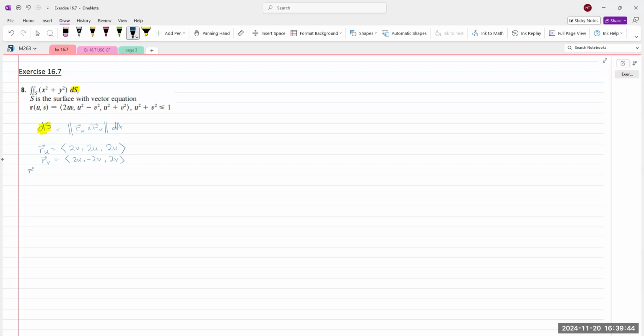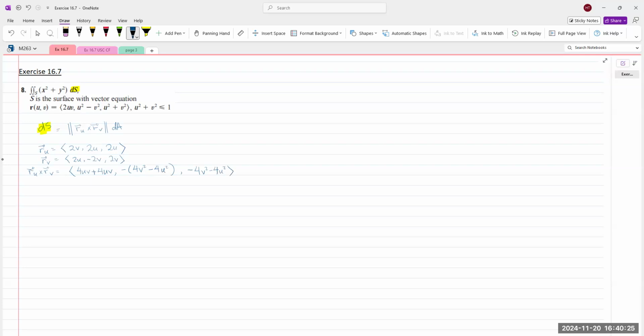So the cross product r sub u cross r sub v will be 4uv minus negative 4uv. Okay, that's not too bad. And then the second component, negative of 4v squared minus 4u squared. And the last component is negative 4v squared minus 4u squared.